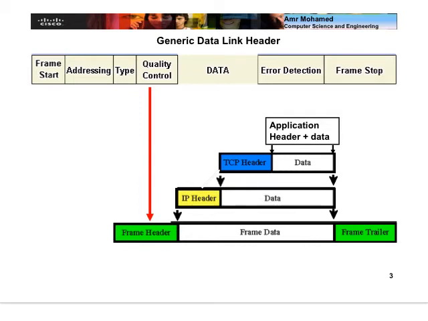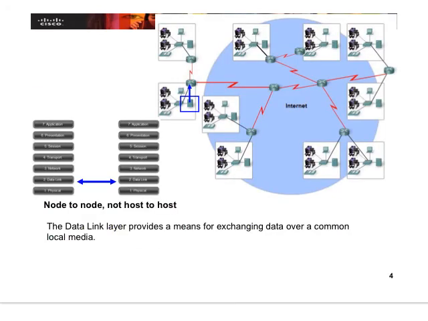So if there is any error, just drop the frame, discard the frame, and rely on higher layers to retransmit and do whatever. But you don't want to keep the network utilized and busy with something that has an error. So that's why you want to really discover all types of error on a point-to-point basis.